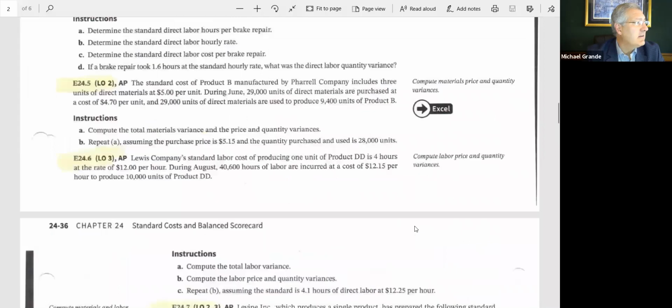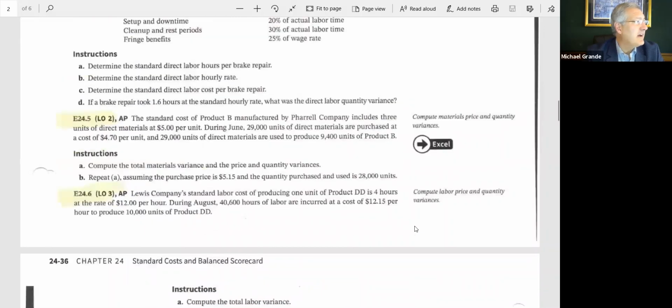Let's look at exercise number 5. Again, you're looking for 3 things: actual output, standard information, and actual information. The standard cost, this is exercise 5, the standard cost of product B, manufactured by Farrell Company, includes 3 units of direct materials at $5 per unit.